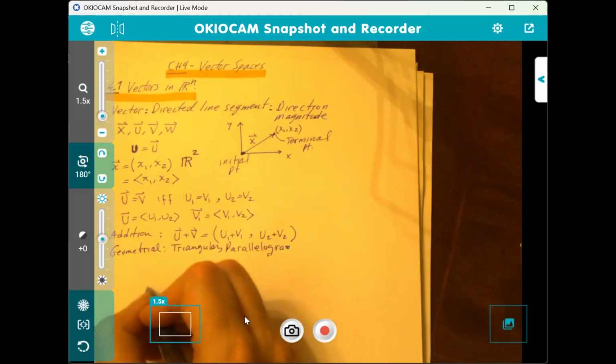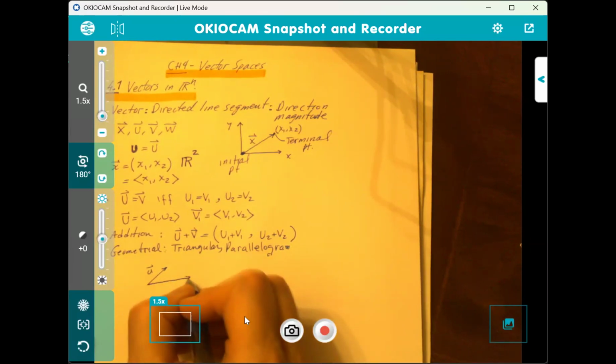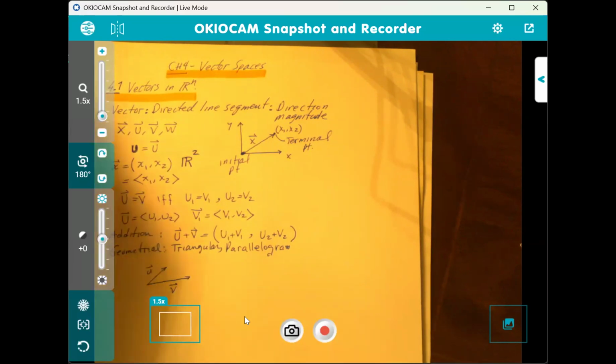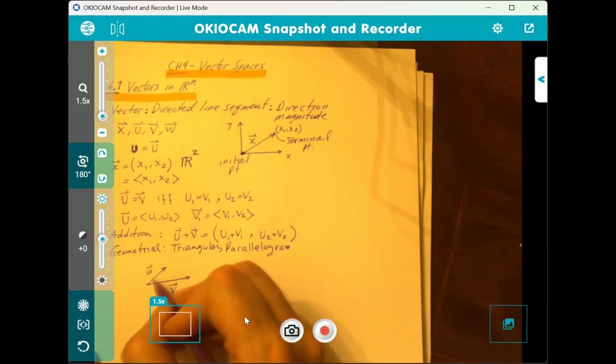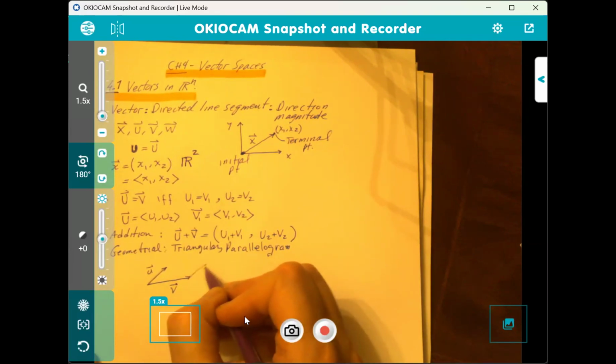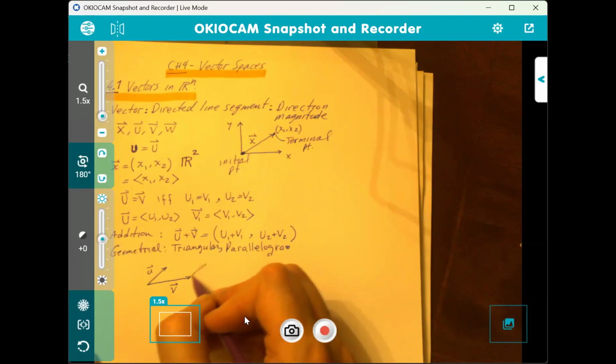So for instance, let's say this is vector u and this is vector v, and I want to add those two vectors. In the parallelogram method, I draw a vector with the same direction and same magnitude as u. That's going to be vector u.